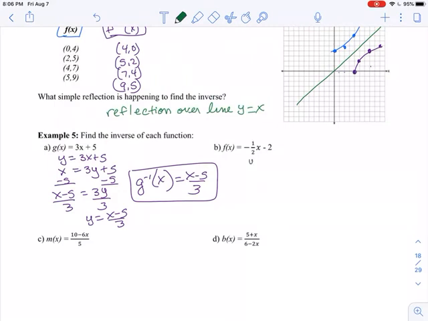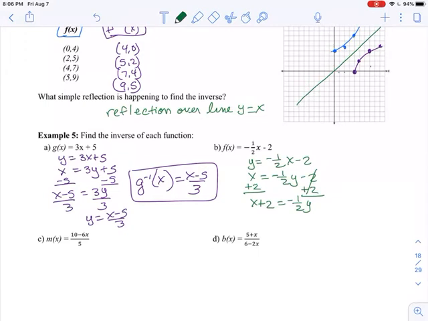Try B. Again, I'm going to put a y in. y equals negative 1/2 x minus 2. I'm going to switch the x and the y, so that's step 1. And now I have to solve for y. I need to get the y by itself. So I'm going to get rid of that 2. So I have x plus 2 equals negative 1/2 y. And to get y by itself, I am going to multiply by -2.